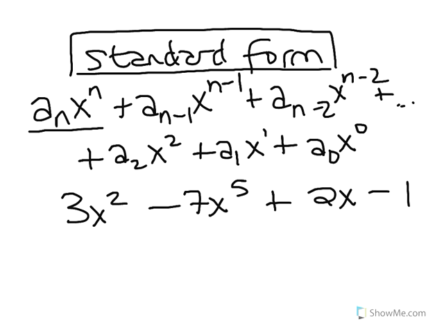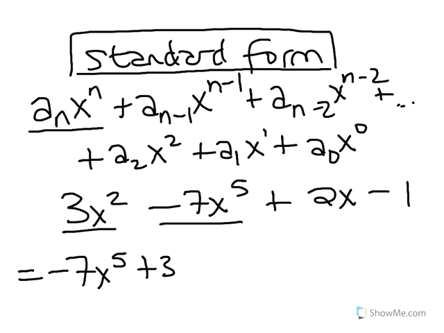Yes, the first term is quadratic, it has a degree of 2, but actually this is a quintic polynomial because the term with the highest degree has an exponent of 5 on the variable. This is supposed to be written negative 7x to the 5th plus 3x squared plus 2x minus 1.